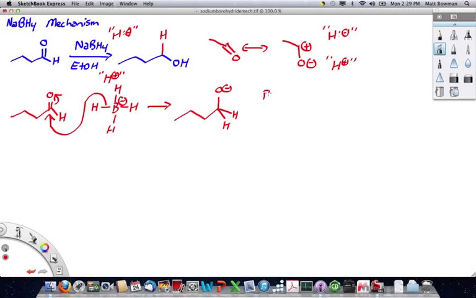Now, we have a case of an O minus, a base, with a BH3, which is a Lewis acid. And in this process, the base reacts with the acid to give us this complex, which is a reversible process.